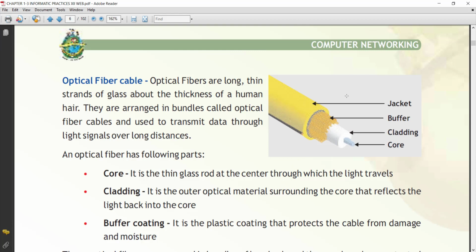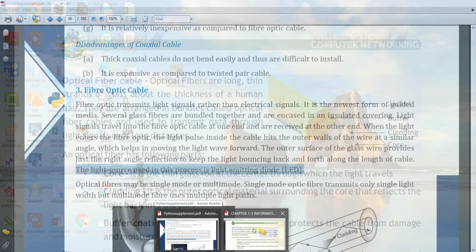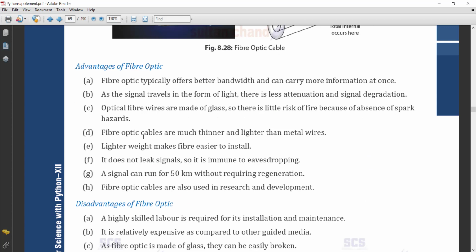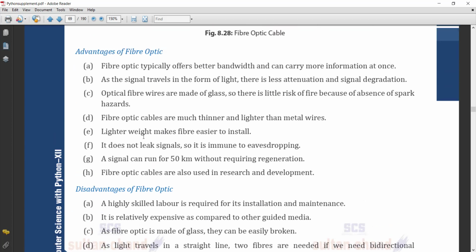You will listen carefully, you will draw this figure, and after this figure you also write its advantages and disadvantages, which I explained to you. Only you will note down that, clear.